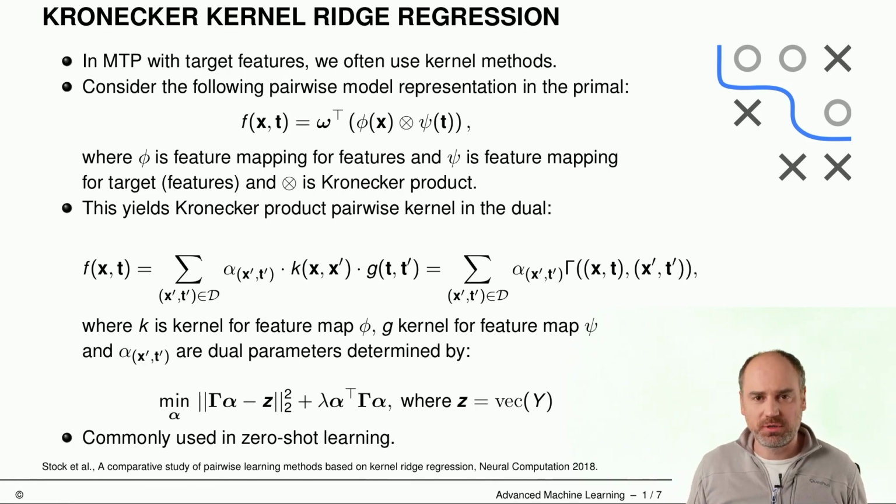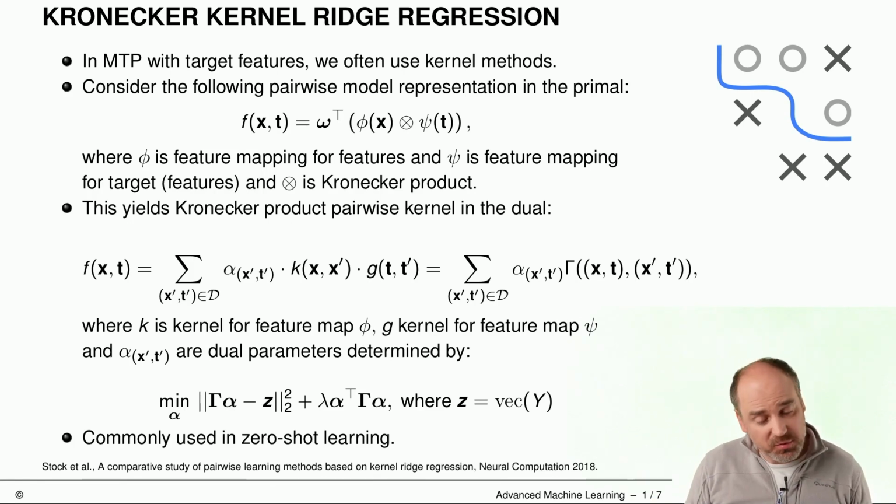And you know that kernels are kind of a generalization of a dot product. Specifically in GPs, they are sometimes also called covariance kernels. So they measure somehow the similarity between two vectors.